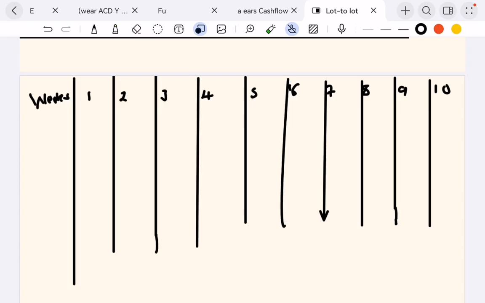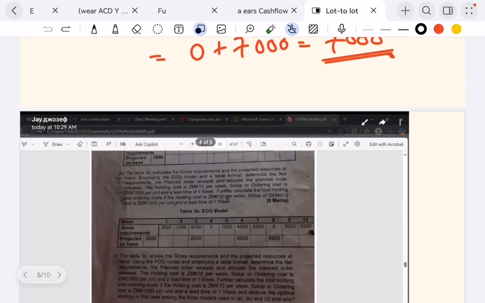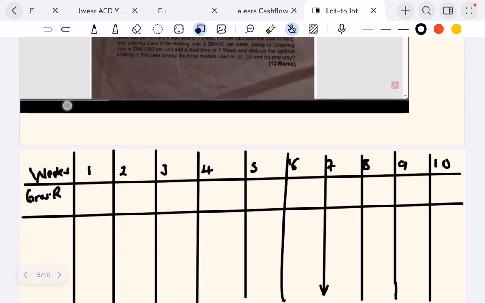So the first thing that we do here is that we have the gross requirement. We have these numbers there, 3,500, 3,000, and so forth, so we need to write those numbers there.